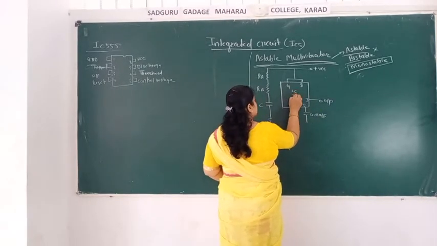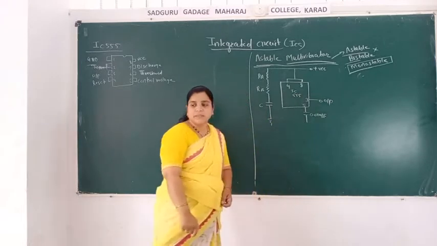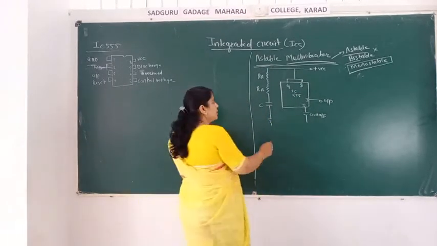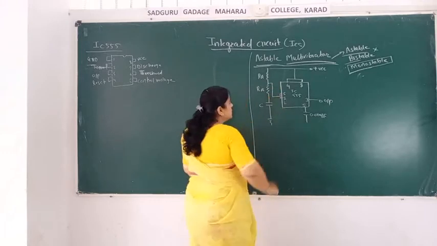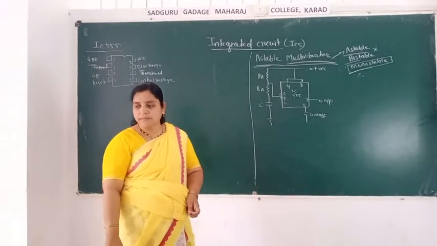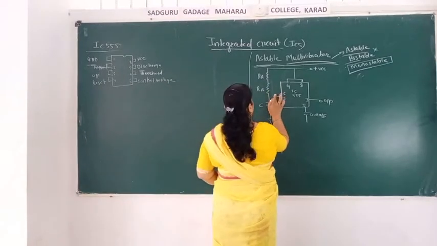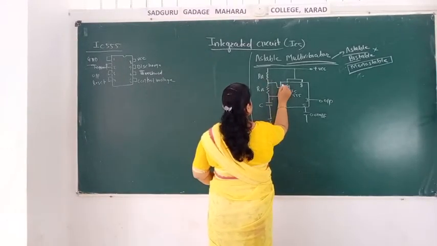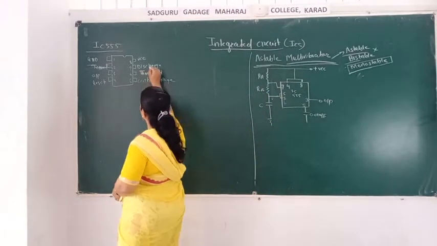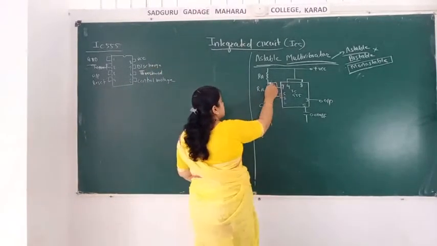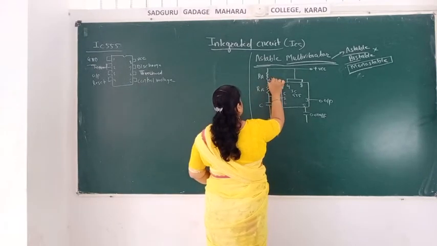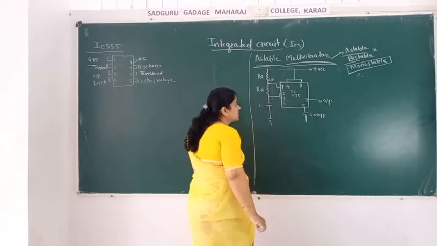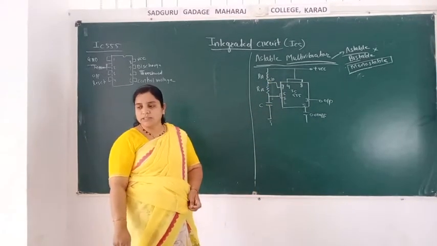So this is the IC 555. Which pins are connected together? Pin number 2 and 6 are connected together and given to the center of the resistors. Pin number 7 gives the discharge. So for charging and discharging, pin number 7 is used, and the capacitor will be charged or discharged.